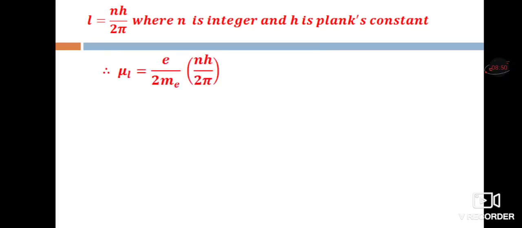Therefore, mu L is equal to e divided by 2me into n h by 2 pi. Instead of L, we substitute the value n h by 2 pi. So mu L is equal to n e h divided by 4 pi me.